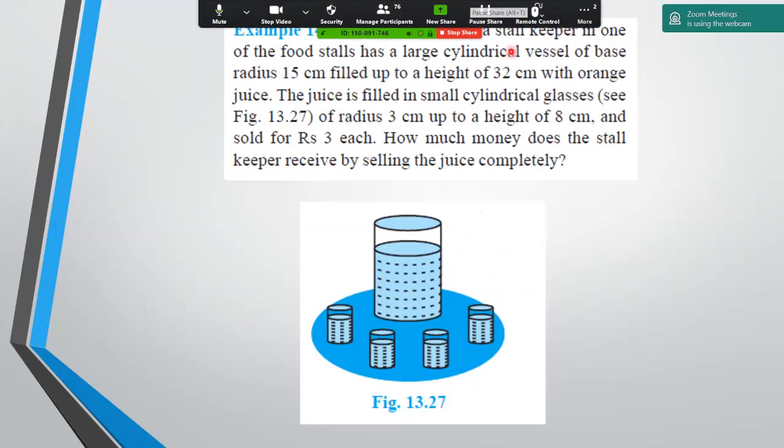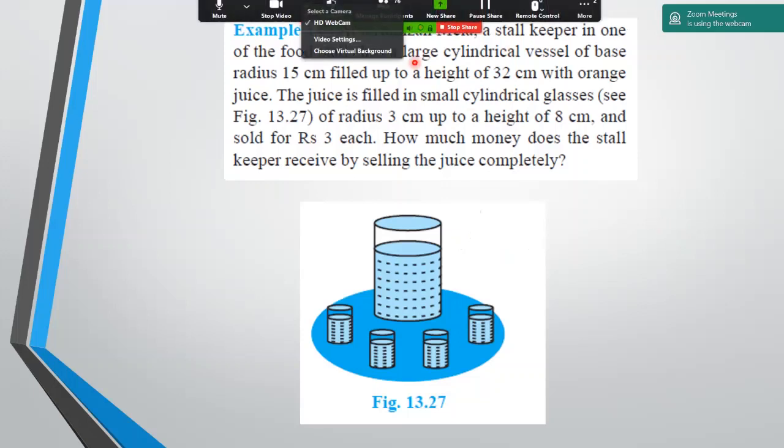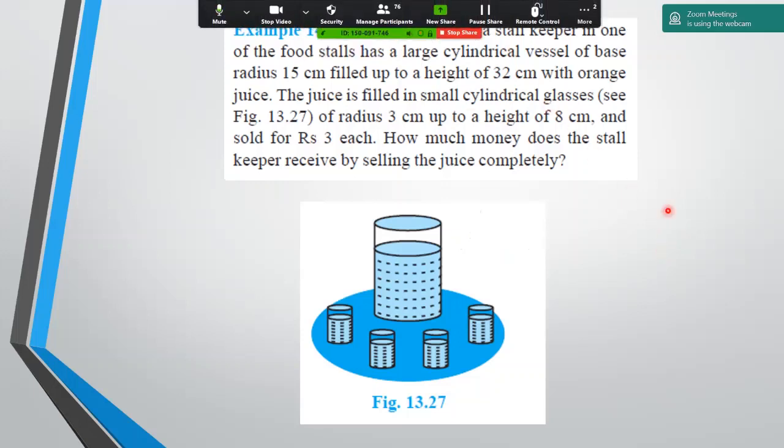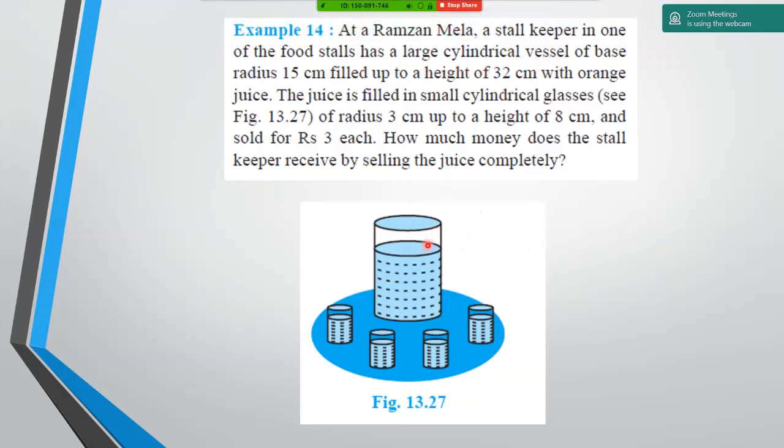Okay, take it up. At a Ramzan Mela, a stall keeper in one of the food stalls has a large cylindrical vessel of base radius 15 centimeter, filled up to a height of 32 centimeter with orange juice. Fine. So surely we know we have to calculate the volume of the juice.